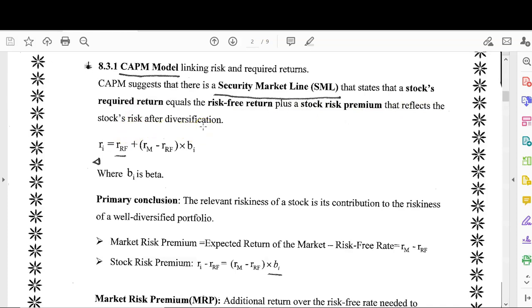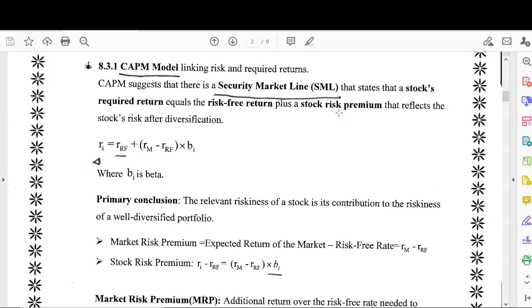Does this sound familiar to you? In our bond chapter, do you remember that our bond's required return equals risk-free return plus bond risk premiums? Remember? The bond risk premiums include inflation premium, default risk premium, liquidity premium, and maturity risk premium, right?